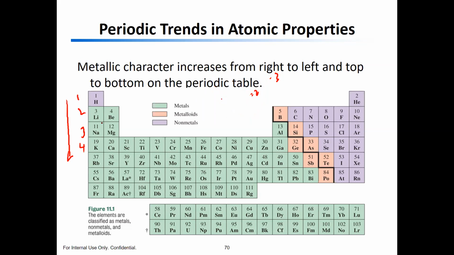Now, when I'm going across this way, I'm in the same shell. I'm not going to the outer shell. I'm staying in this one shell. So my electrons are all kind of the same distance from the center. But what's happening to my number of protons as I go from left to right?